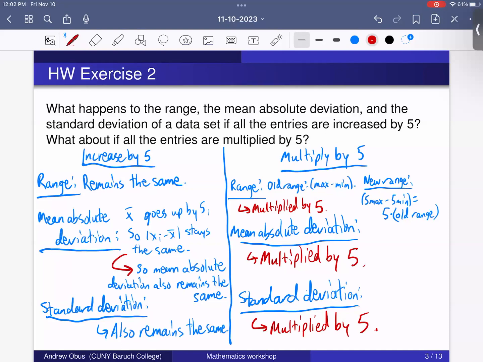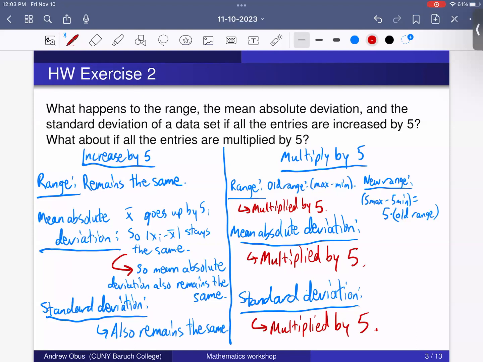And we see that reflected in these measures of dispersion: if you multiply all the numbers by 5, you're making them all 5 times as far apart from each other. The result is that these measures of dispersion all get multiplied by 5 also.